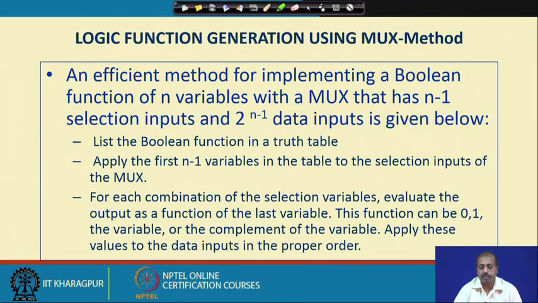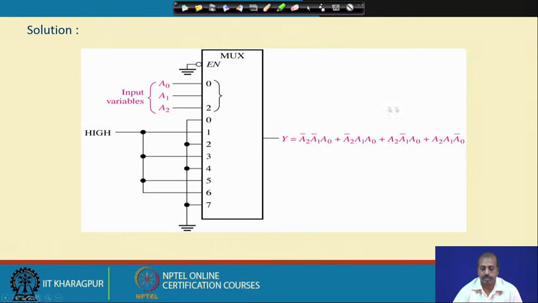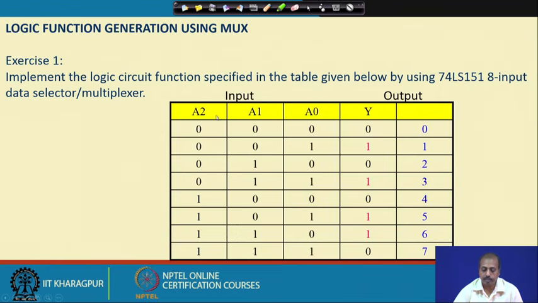This is an efficient method for implementing a Boolean function of n variables with a multiplexer that has n minus 1 select inputs and 2 power n minus 1 data inputs. In this previous example, it is a 3 input function, and for that we needed one 8:1 multiplexer.